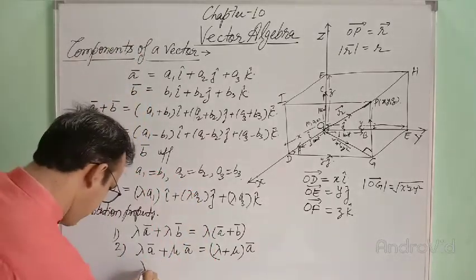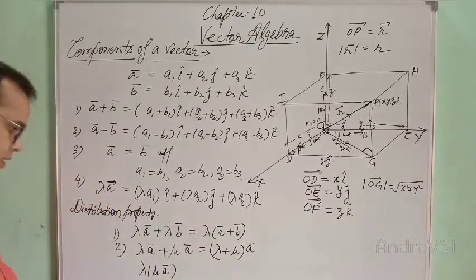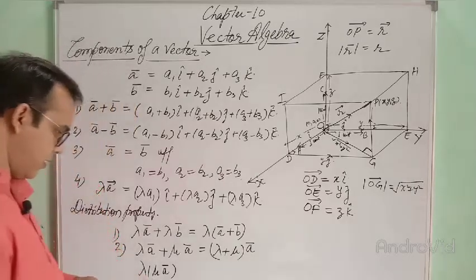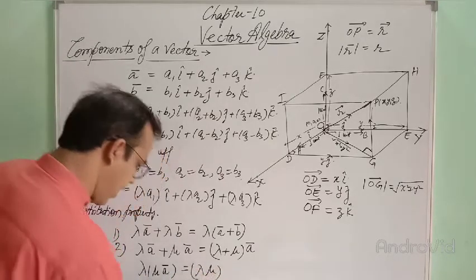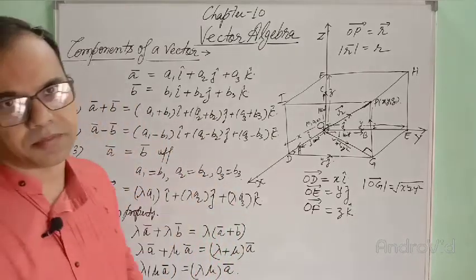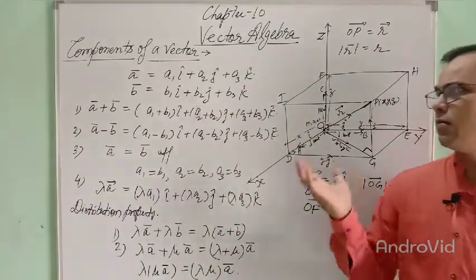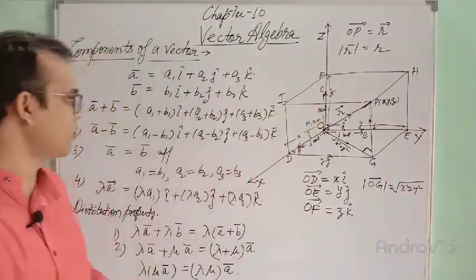Another property you should remember, lambda mu a vector, means lambda scalar is multiplied to the mu a vector, then these two scalars lambda and mu can be multiplied and then the a vector may be taken. Okay, so these were the properties you should remember in the case of the components of a vector.